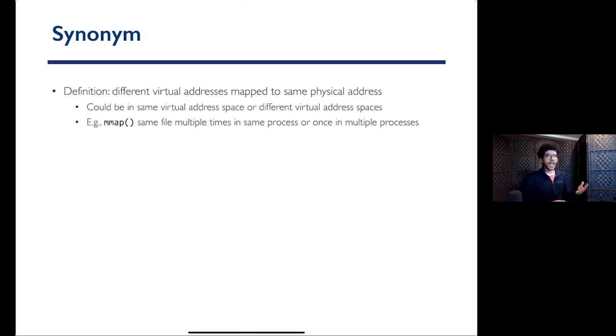Now, this could happen in many different scenarios. One example is when you do memory map. So within the same process, if you memory map the same file twice, so if you remember, the idea of memory map was to get a file, bring the file in memory, and then map this file to the virtual address space of the process so that the process can read and write from and to this file using just load and store instead of doing read and write system calls.